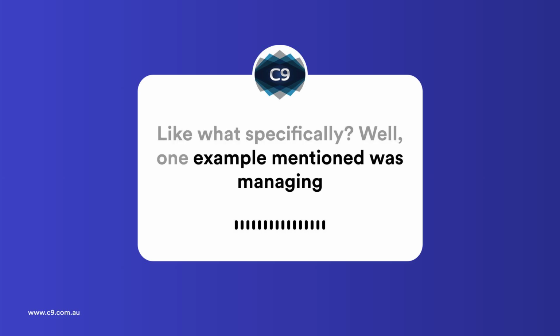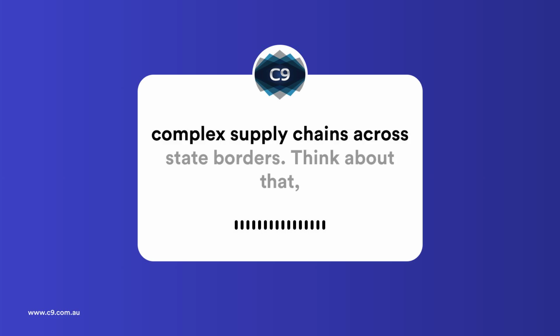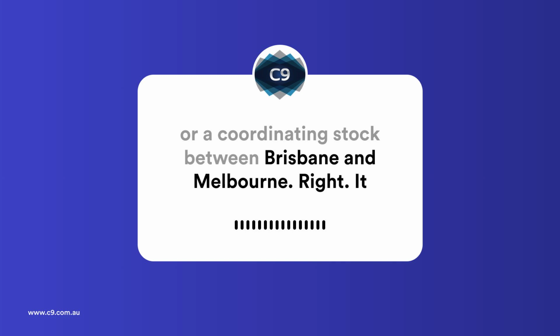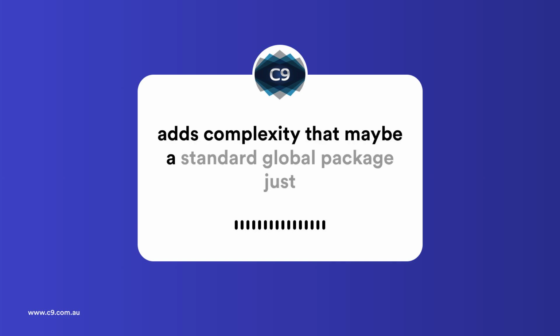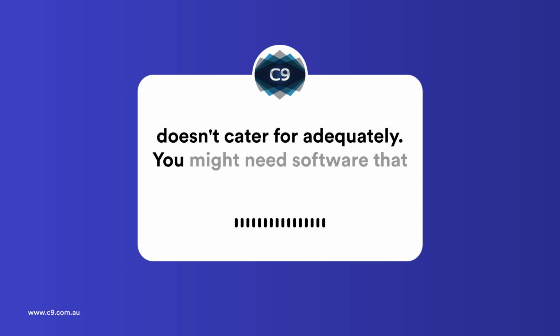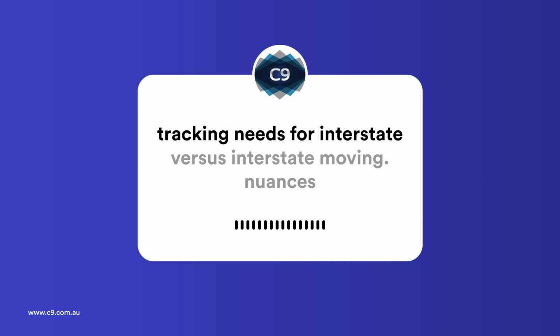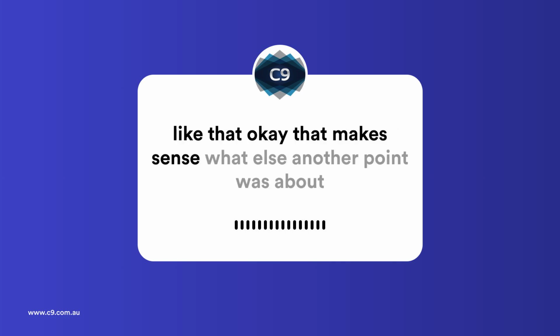Well, one example mentioned was managing complex supply chains across state borders. Think about that: different state rules, the huge distances, say, Sydney to Perth, or coordinating stock between Brisbane and Melbourne. Right. It adds complexity that a standard global package just doesn't cater for adequately. You might need software that understands specific state-based freight regulations or different tracking needs for intrastate versus interstate movements. Nuances like that.